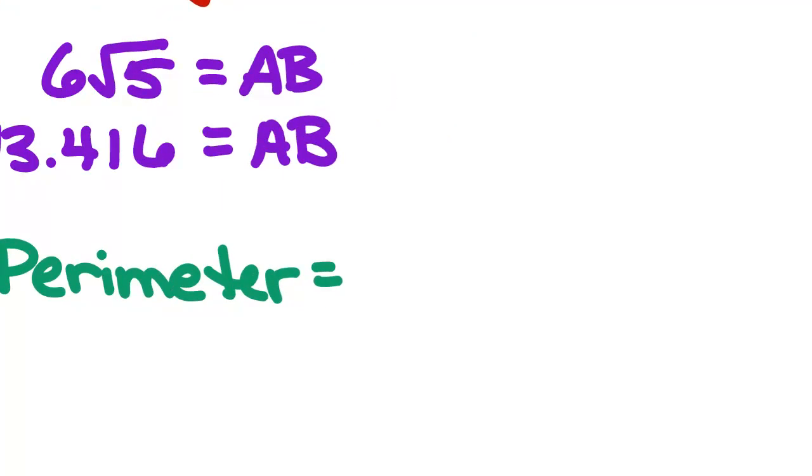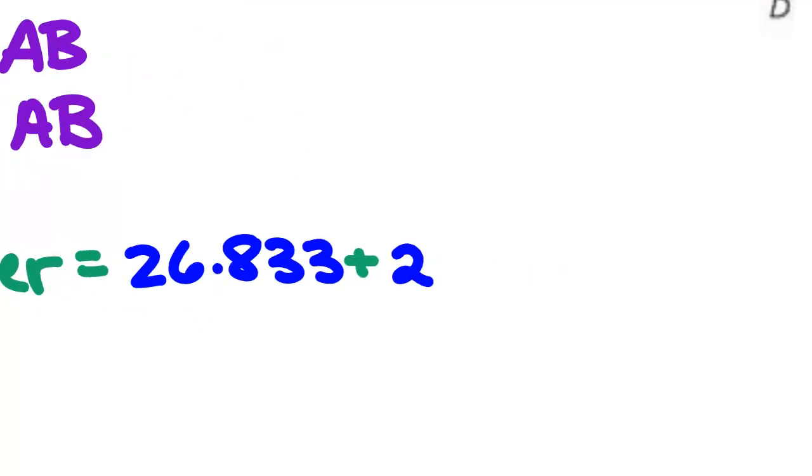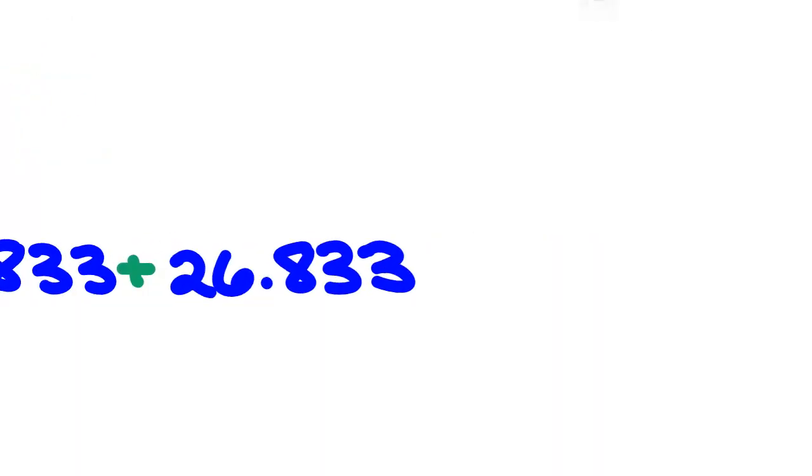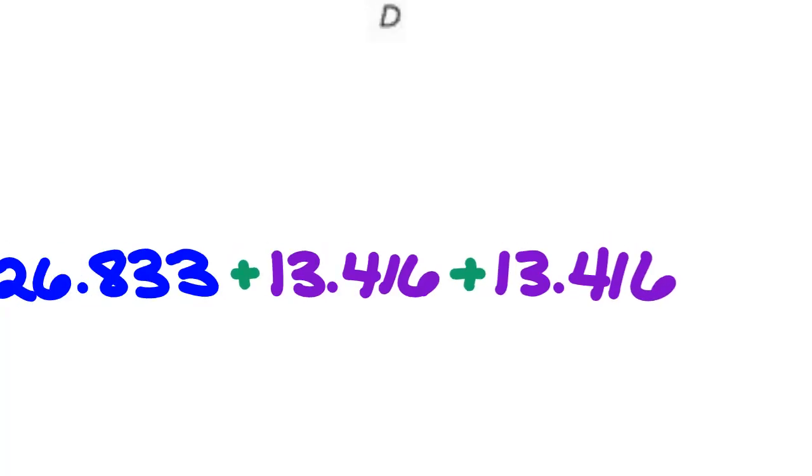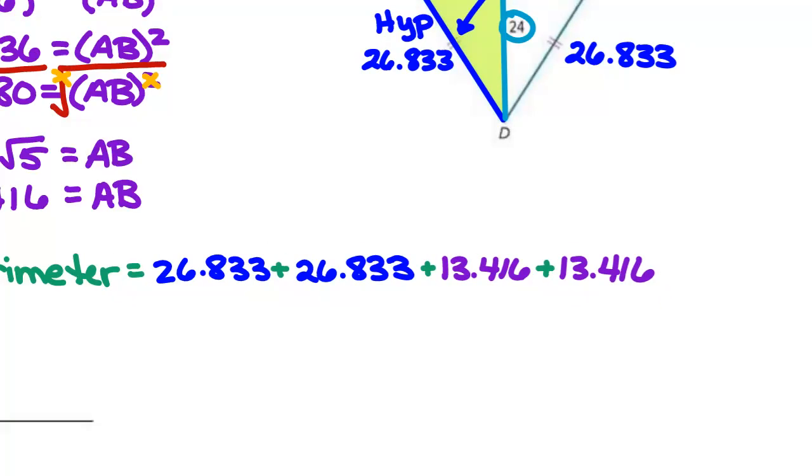So I'm going to add 26.833 plus another 26.833 plus 13.416 plus another 13.416. Hold on just a second before you give me the answer, because that's an awful lot to stick in my calculator like that. I have 2 of these, and I have 2 of these.